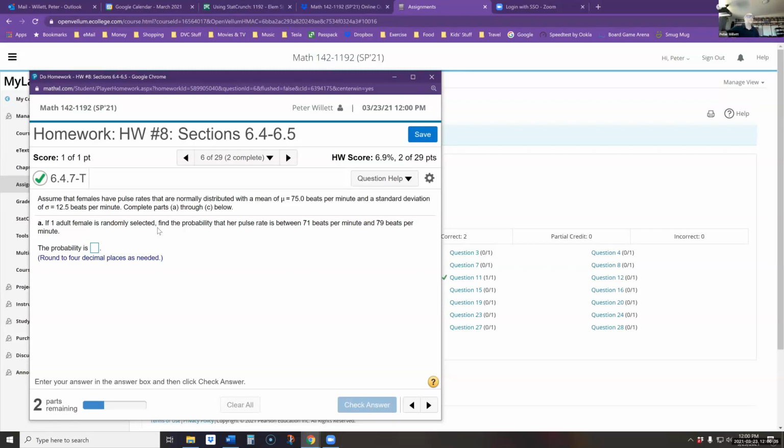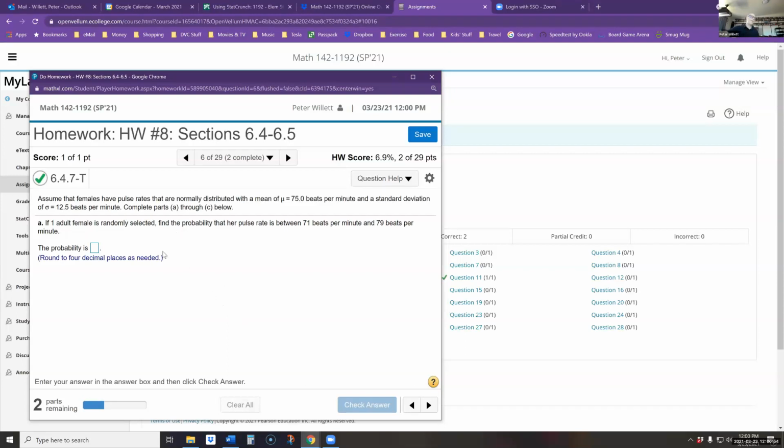This says, assume that females have pulse rates that are normally distributed with a mean of 75 beats per minute and a standard deviation of 12.5 beats per minute, and then complete parts A through C below.